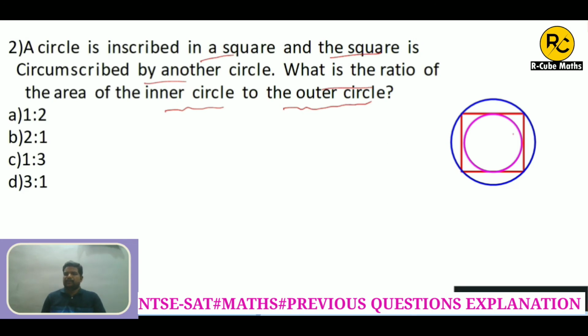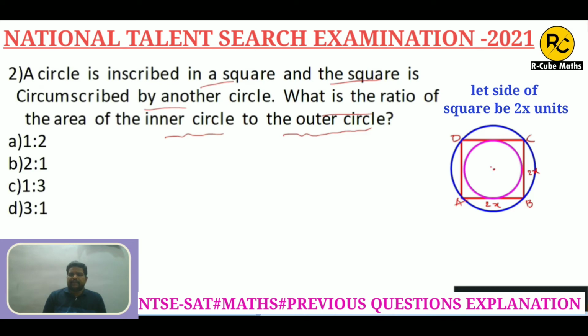So observe here, let O be the center of the circle, and the side of the square equals the diameter of the circle. Let the side of the square be 2x units, so that equals the diameter of the circle, d is equal to 2x.